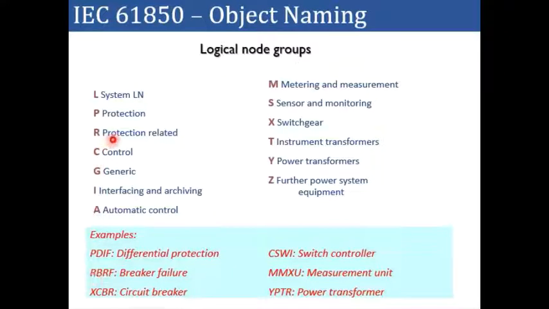R is the protection related object, and BRF is breaker failure. So when you have object naming with the logical node RBRF, we are talking about breaker failure. Similarly, XCBR is for circuit breaker, CSWI is the switch controller, MMXU is the measurement unit, and YPTR is for power transformer.